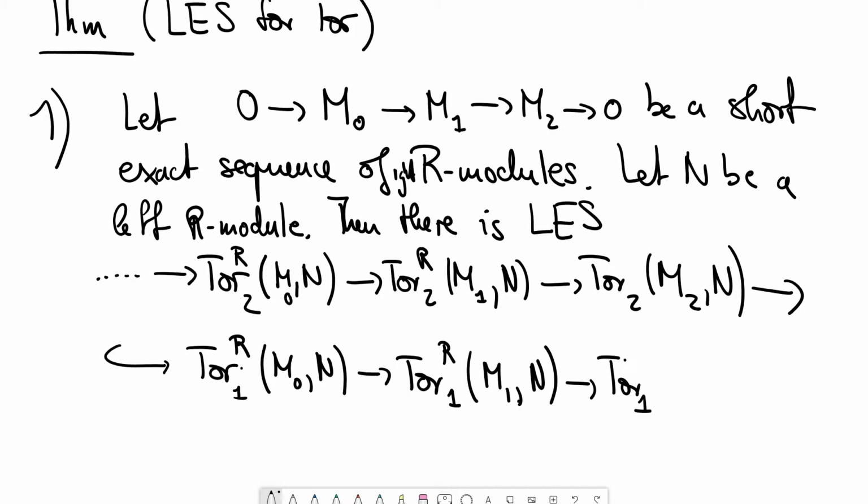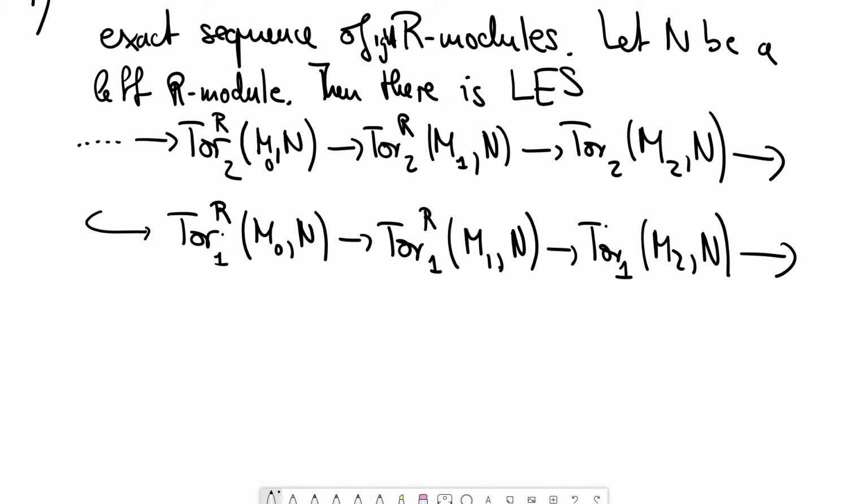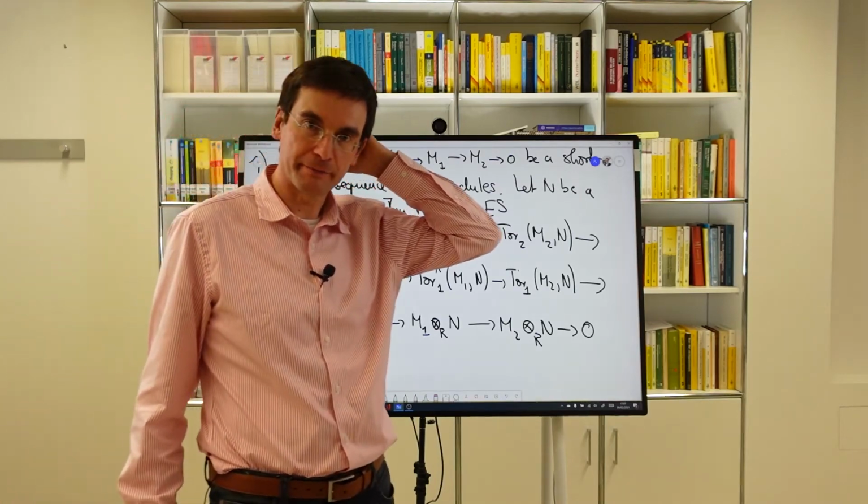Tor 1. Again, there is another boundary map. The scheme repeats. And now I could write Tor 0, but we know that Tor 0 is the tensor product, so let me write it with the tensor products. And then it adds, okay? And should be clear how this continues to all the higher Tor terms.